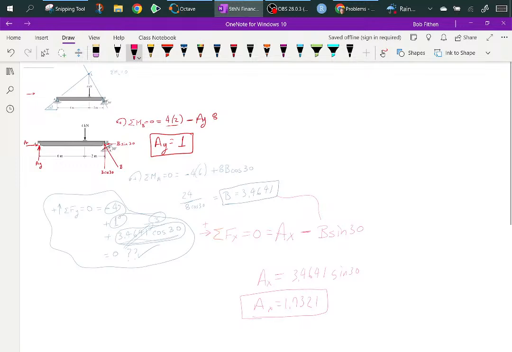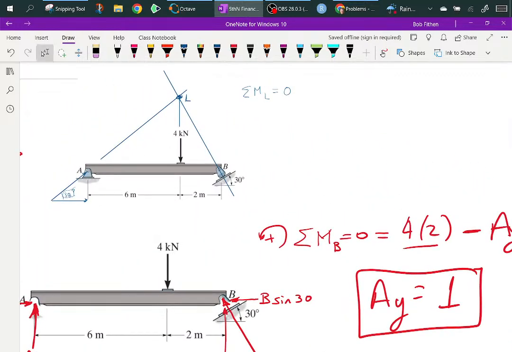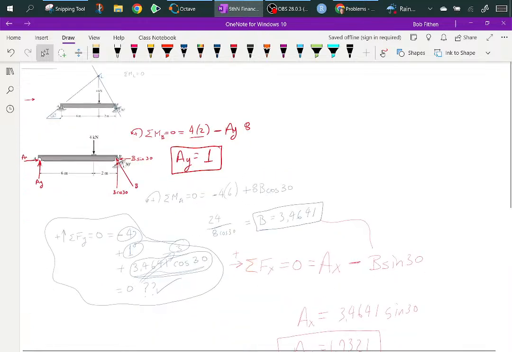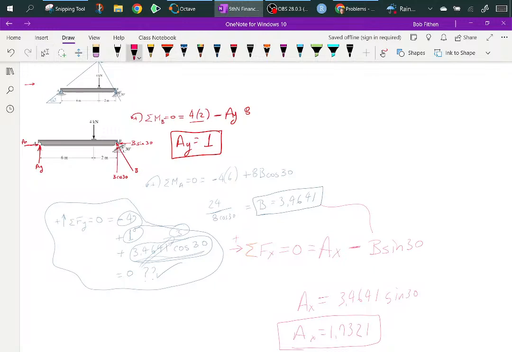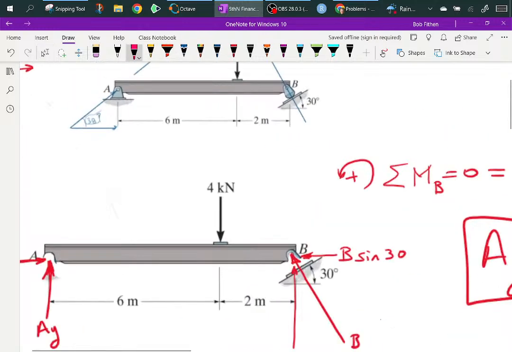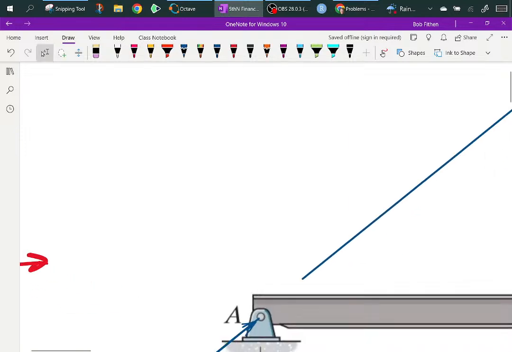So here's the AX. Let's go back and take a look at something. If, just out of curiosity, AY is 1, AX is 1.7321.